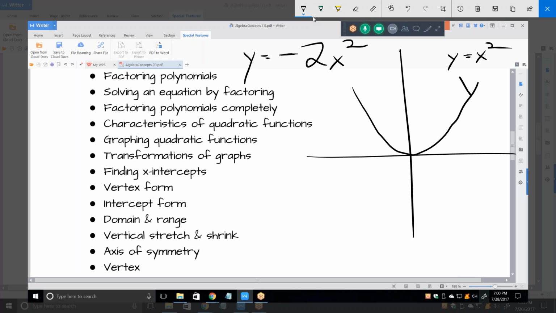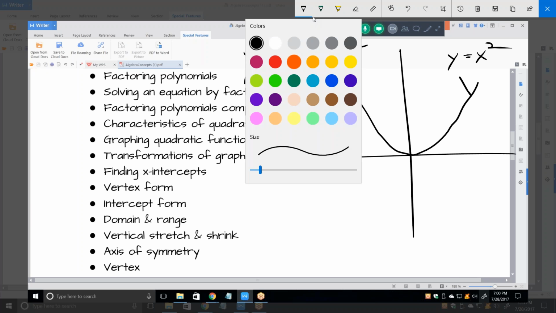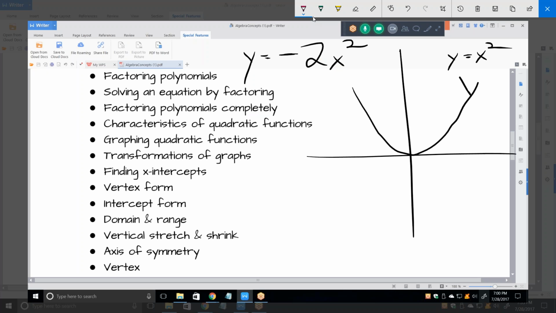So what would this, and I'll graph it in red, what would y equal minus 2x squared look like? You've got two transformations going on here, right? What does this negative sign do? Does it reflect it over which axis? Because there's two different axes.